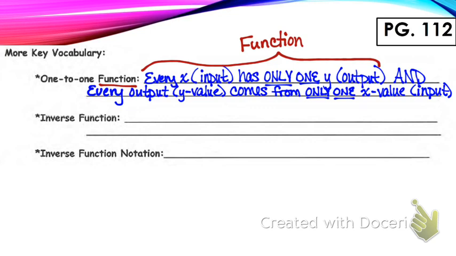Every input, every x, goes to only one y. That makes it a function. Once we know it's a function, we can check to see if it's this special type of function.